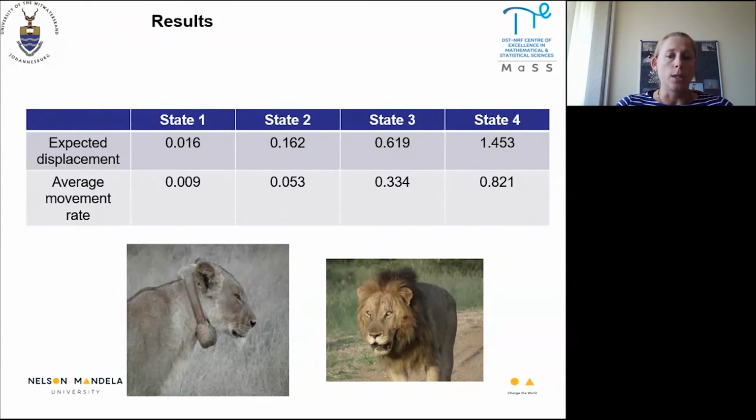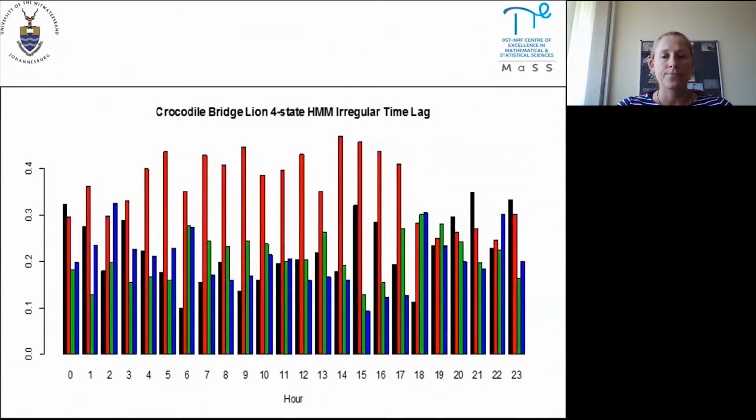Then to try and understand what the model was actually finding, we had a look at this bar plot of the frequency of the particular states by the hour of the day. On the x-axis, you can see the hour of the day.